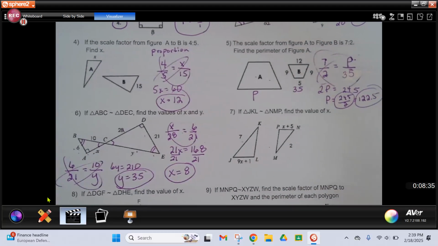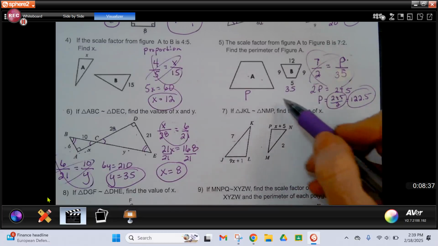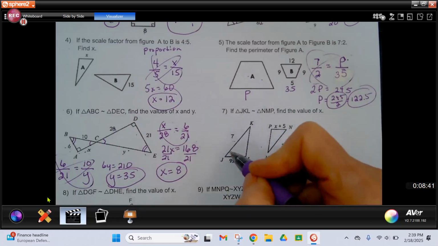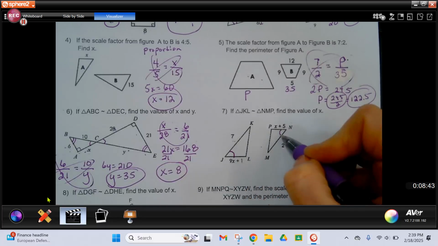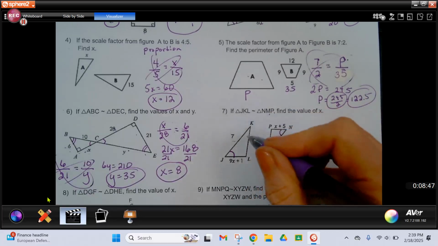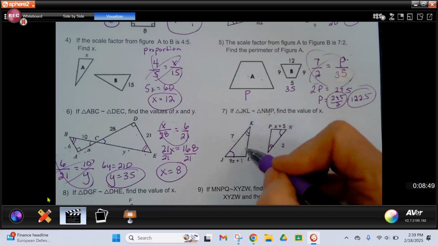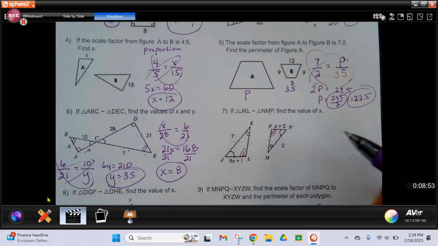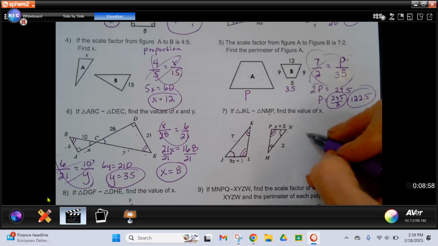Okay, let's look at the corresponding sides in this figure, and it might help to label the angles. J corresponds with N, and M corresponds with K, and L corresponds with P. So now I can set up a proportion using the correct sides.